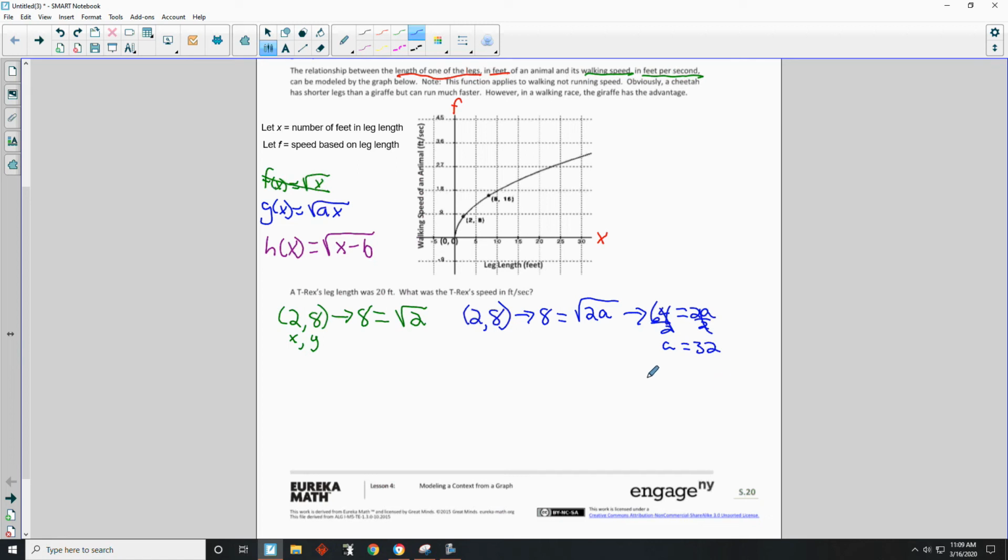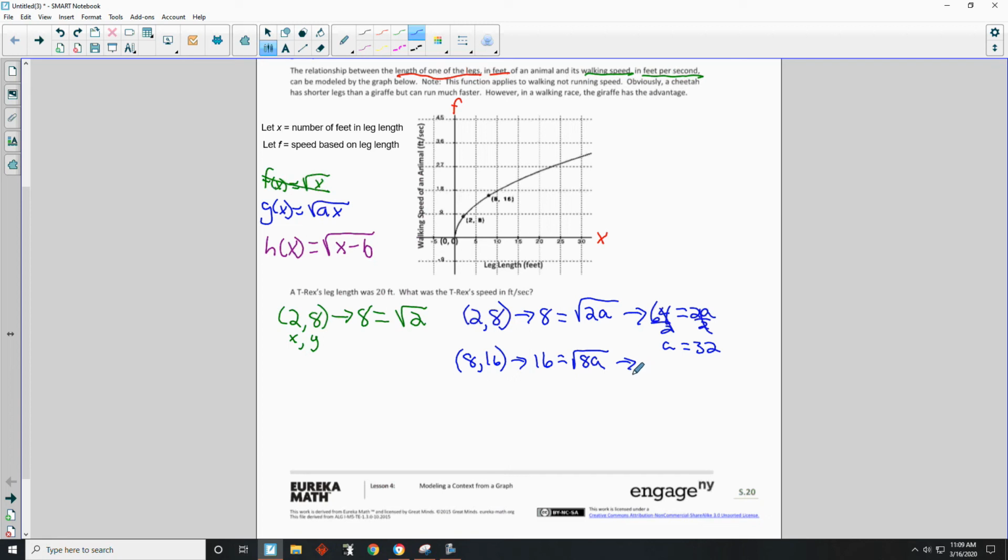Okay? And then I do the same with 8 comma 16. So I have this point here, 8 comma 16, and we want y to be 16, or 16 equals the square root of 8a, because now x is 8, so that's now going to be 8a.